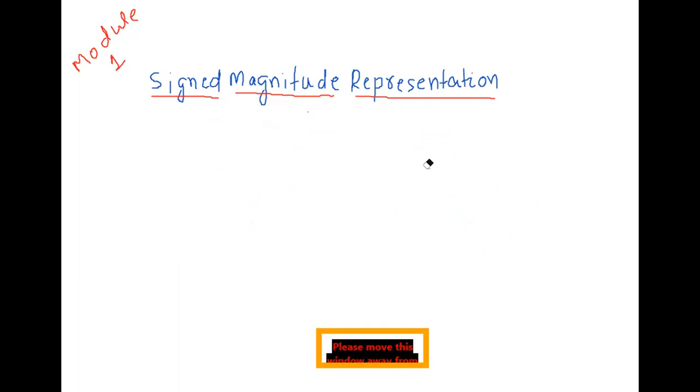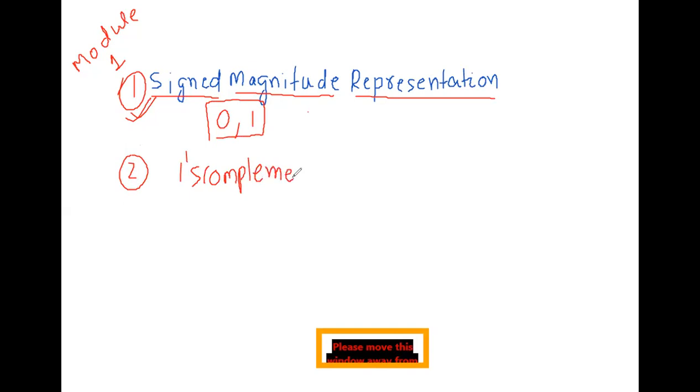As we discussed, 0 means positive, 1 means negative. Another representation is the one's complement representation, to represent negative binary numbers. Already we have discussed how to find the ones complement of any binary number.